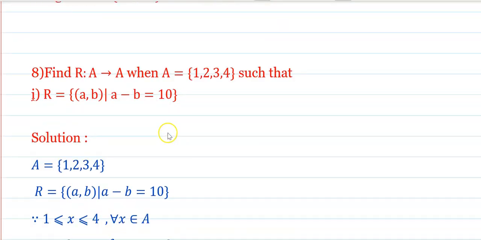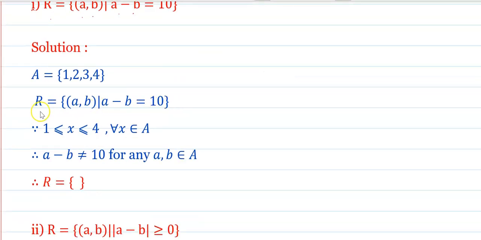Now the next is: find the relation R from A to A, where A is {1, 2, 3, 4}, such that relation R is equal to {(a, b) such that a minus b is equal to 10}. Okay. Now A is {1, 2, 3, 4}. The values of x lie between 1 and 4 for every x belongs to the set A. Okay.